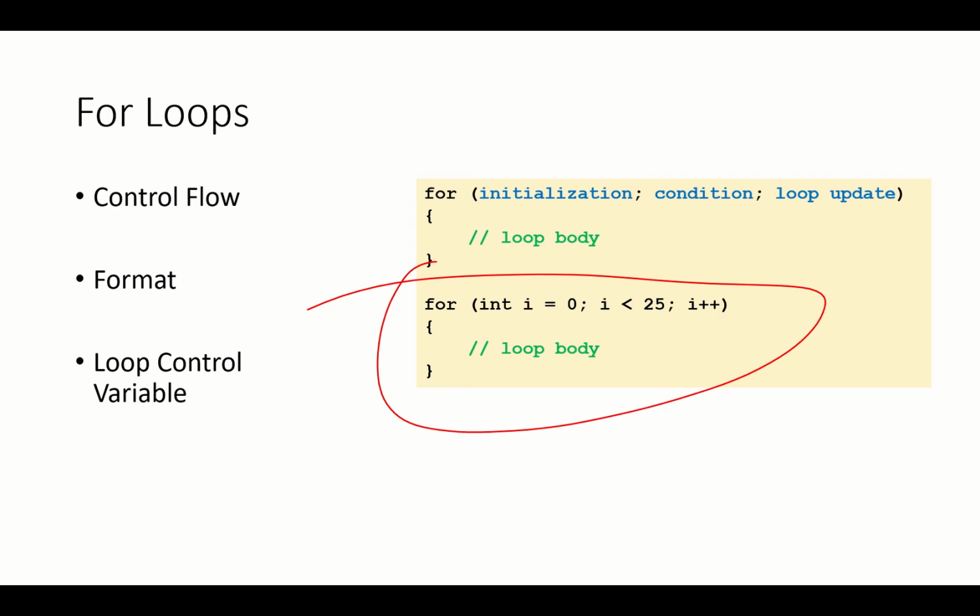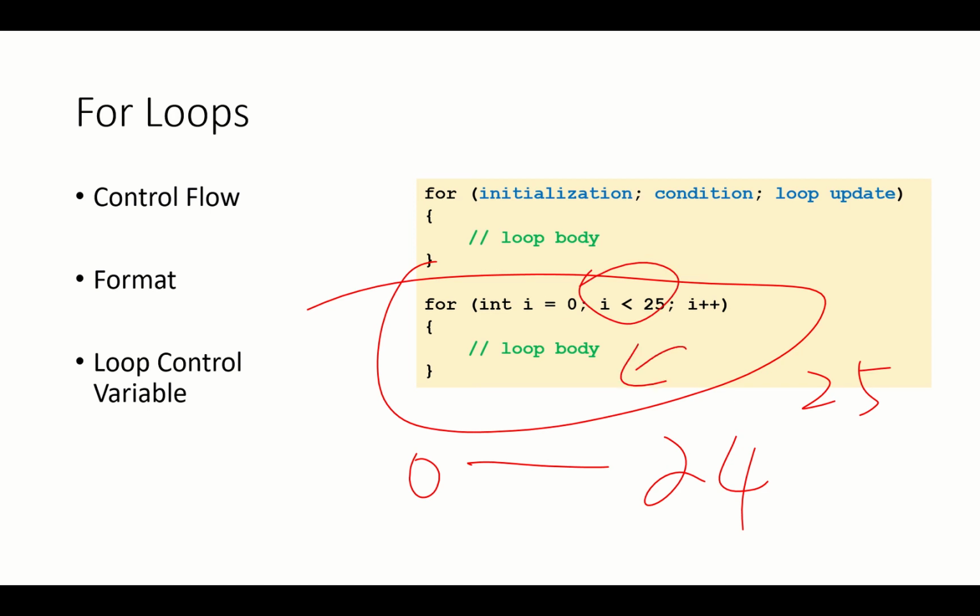Okay? Because this one will be 0 to 24. Because 25 returns false, it won't get into the iteration. So basically, from 0 to 24, there's 25 times. Make sense?